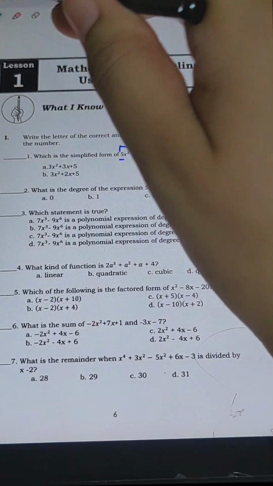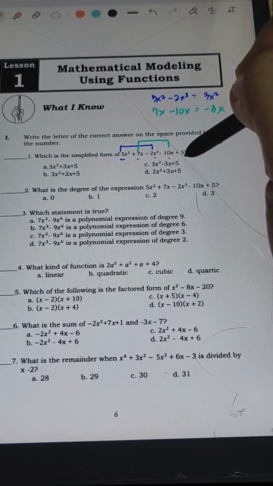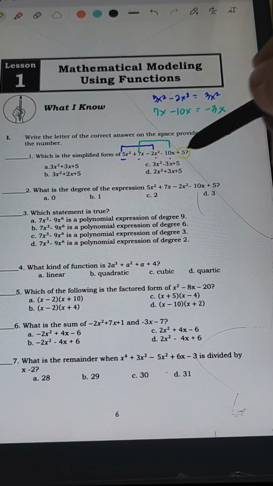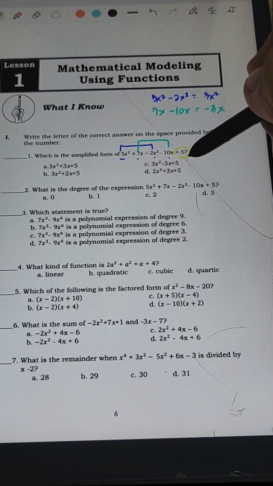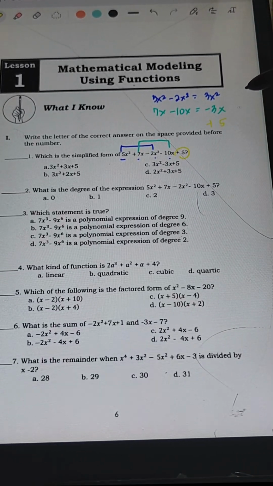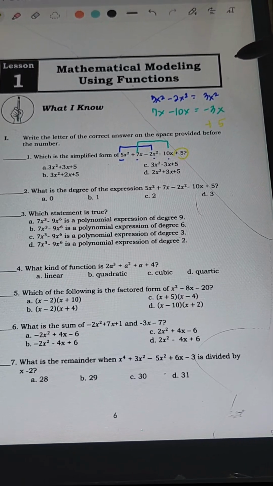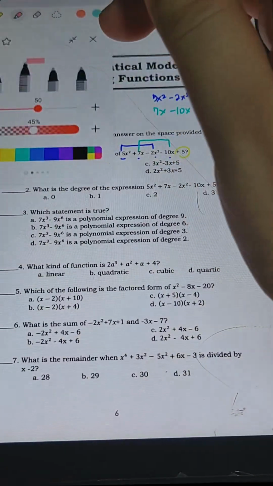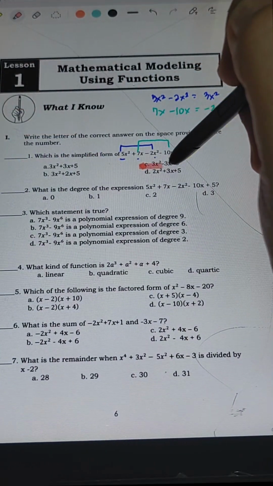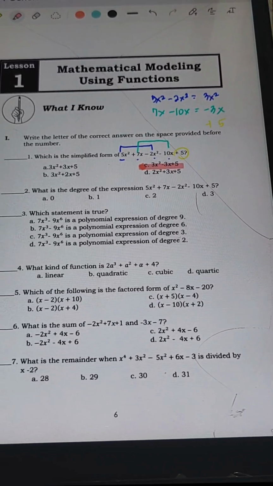Then we have 5. 5 doesn't have any variable, so we call it a constant. Since we do not have any other terms without a variable, then we just have to copy this one. So the answer here is letter C: 3x squared minus 3x plus 5. Good.